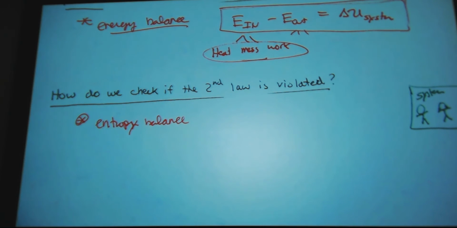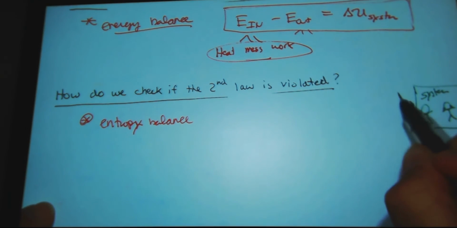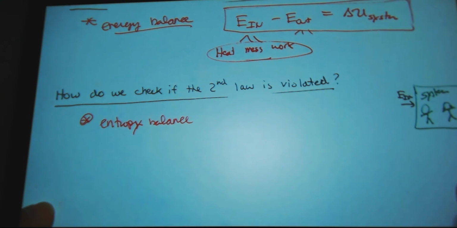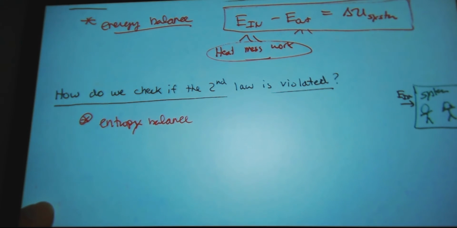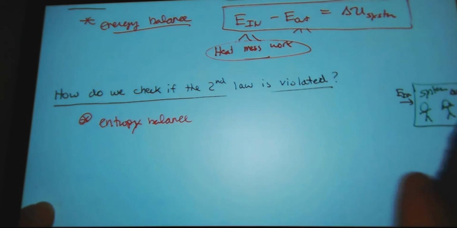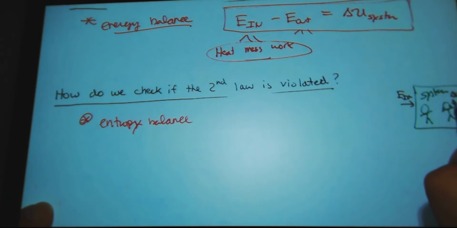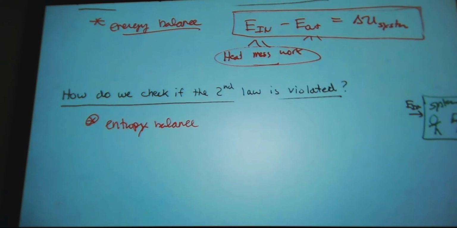And then, of course, I can have energy in and energy out. And of course, this energy in, energy out can be in the form of heat, mass, and work. And I can have a change in internal energy in my system. And based on energy in and energy out, I can also get a change in entropy in my system.